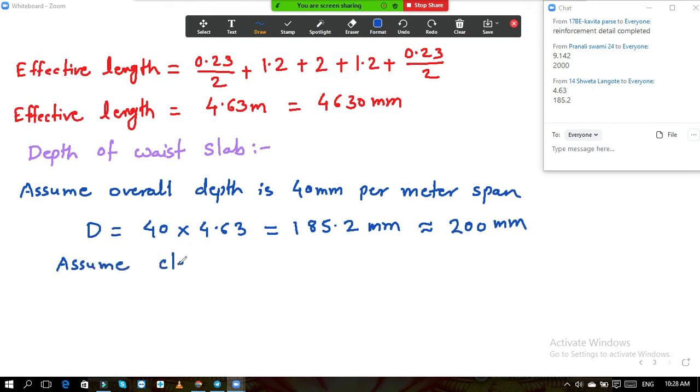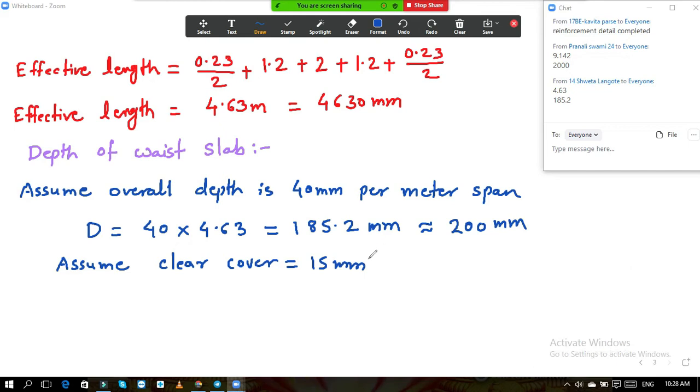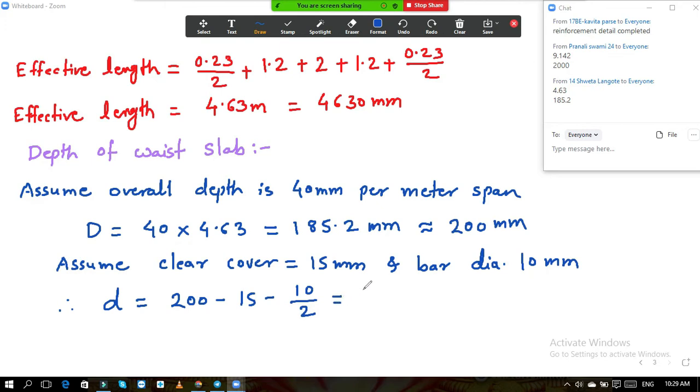Therefore, effective depth, that is your small d, is equal to 200 minus 15 minus half of bar diameter, 10 by 2, which is equal to 180 mm.